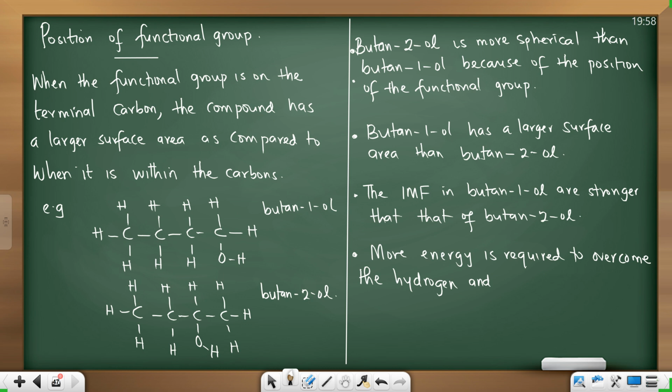Hydrogen bond and London forces in butane 1-ol than butane 2-ol.